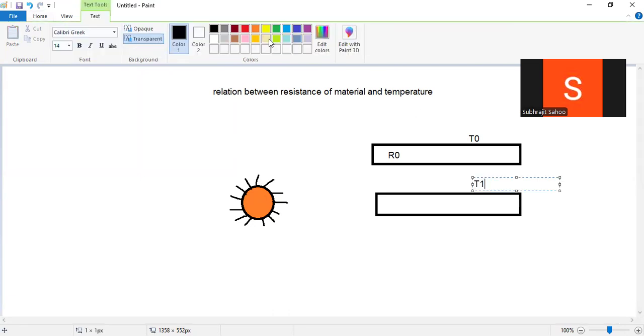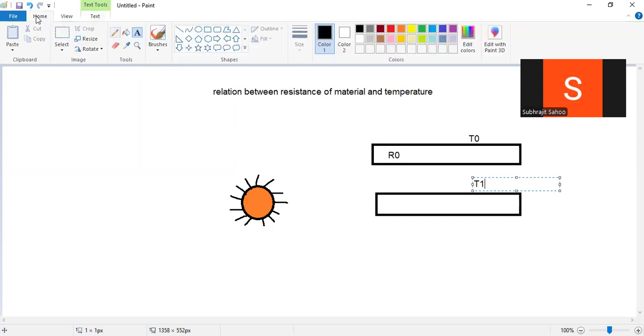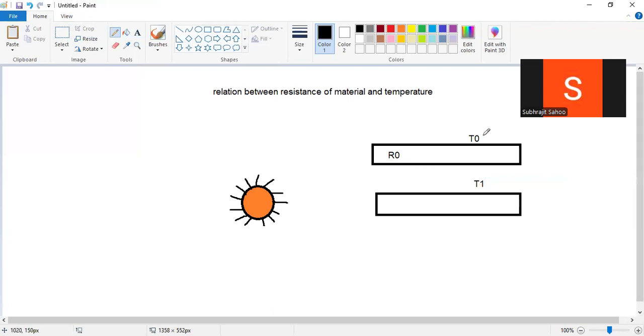Sir, if the temperature is changing here, T naught to T1, right? T naught to T1.